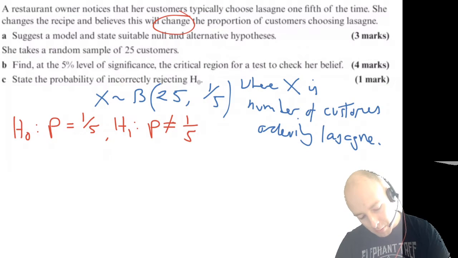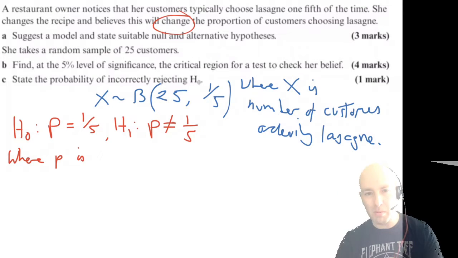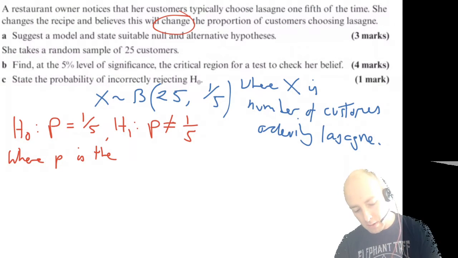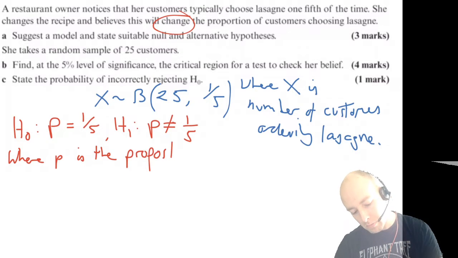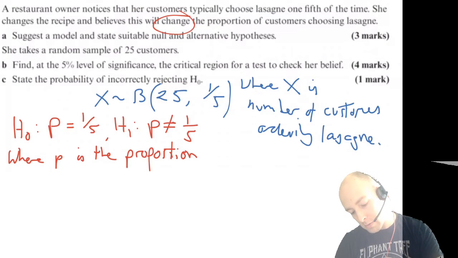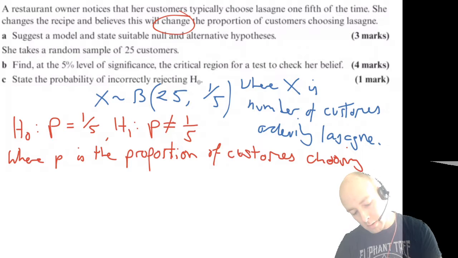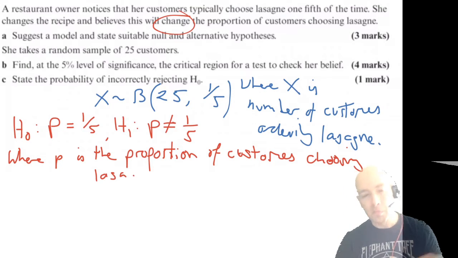And we then say where p is the proportion, or the probability, it's up to you how you word it, the proportion of customers choosing lasagna. Cool.